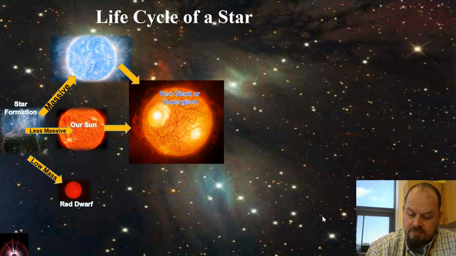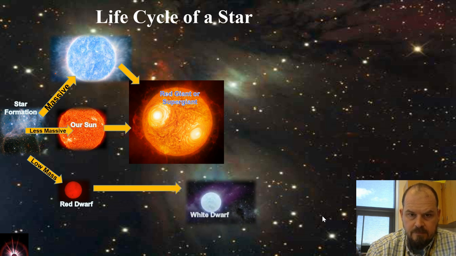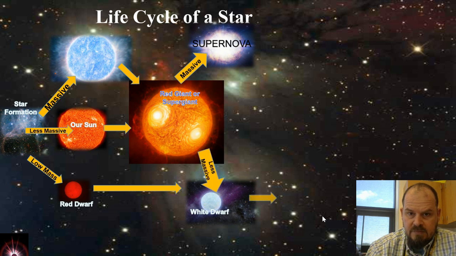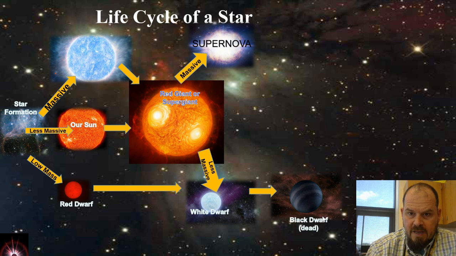Intermediate stage: giants. A red dwarf becomes a white dwarf. I see white dwarfs. Late stage on your chart: big guys become supernova, little guys become black dwarf, dead.